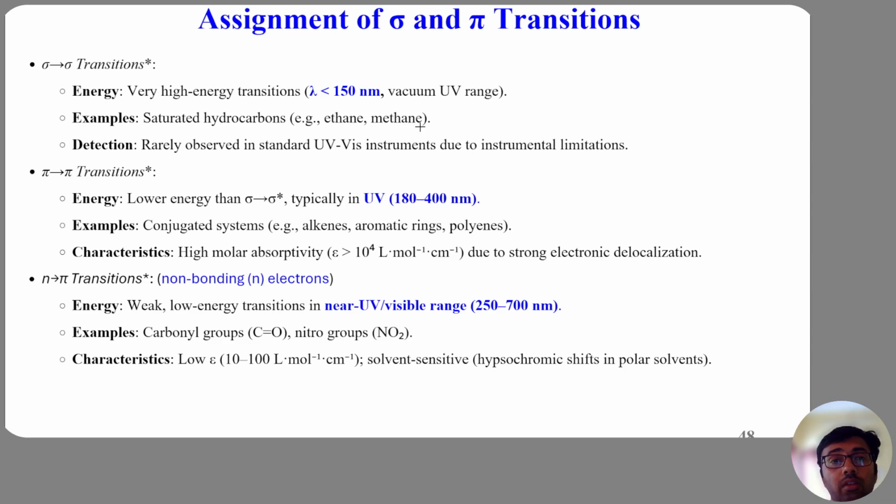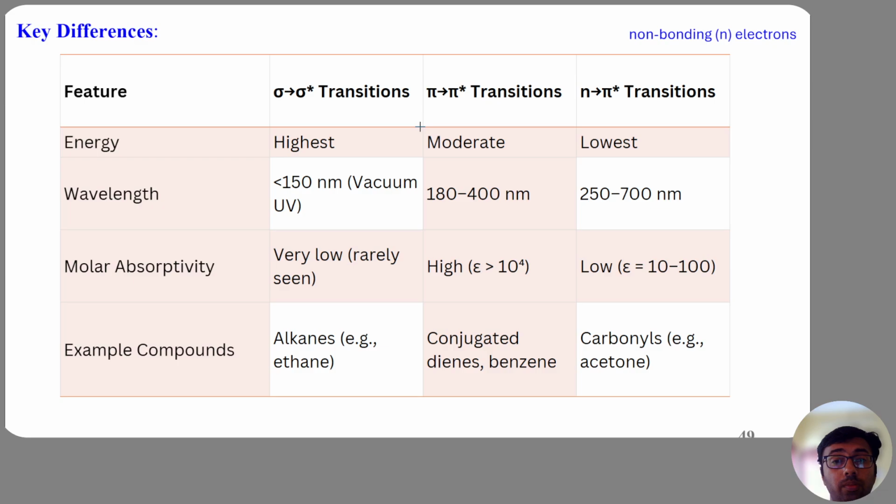A defining feature is very low molar absorptivity, typically between 10 and 100. The weak intensity occurs because orbital overlap between n and pi star orbitals is poor. These transitions are also extremely sensitive to solvent environment and often show blue shift in polar solvents.